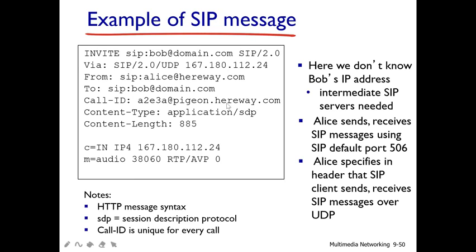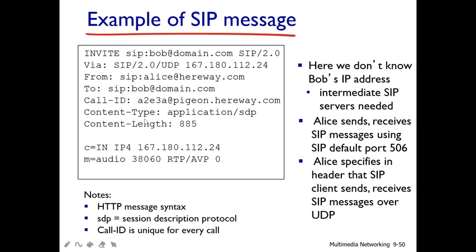Caller ID is this one. Content type will be application, then content length will be 885. Then you are sending the IPv4 IP address. I have used version 4, and this is the sender address. Then here you can see the audio message.